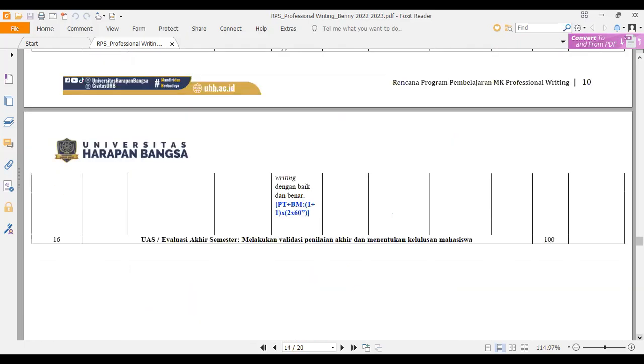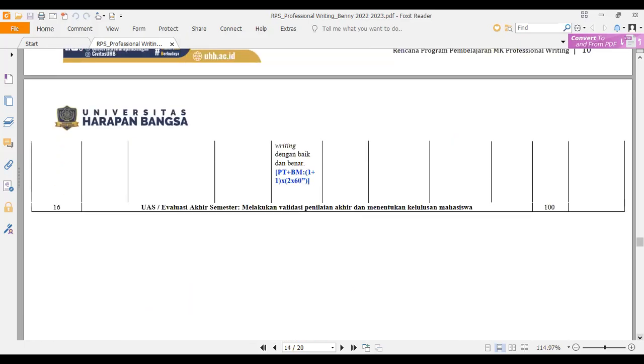Meeting 16 will be an evaluation time for you to measure your understanding, your comprehension, your skills on writing competencies after the midterm test. So the final test will be focusing on the materials taught after the midterm test. Meanwhile, for the midterm test, we'll cover all materials learned from meeting 1 through meeting 7.